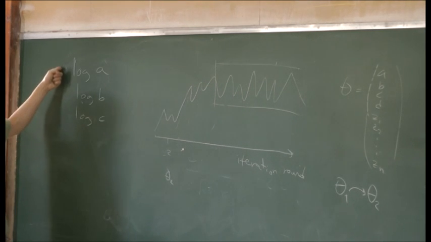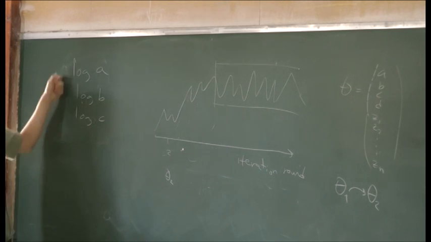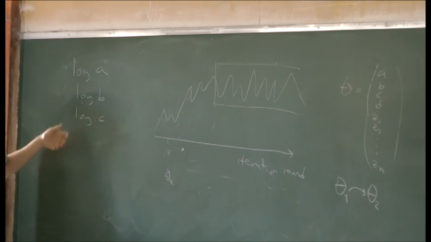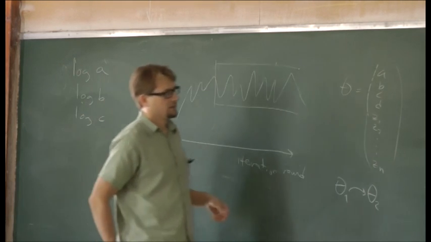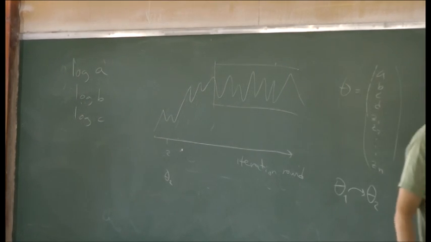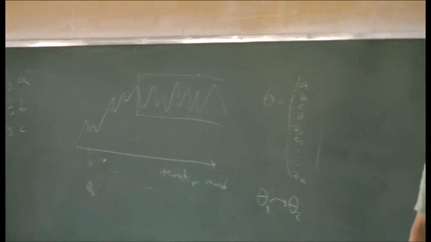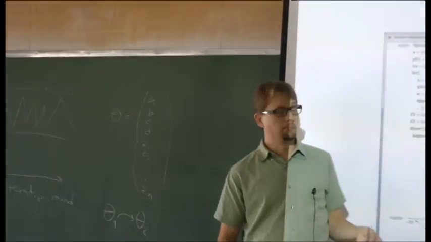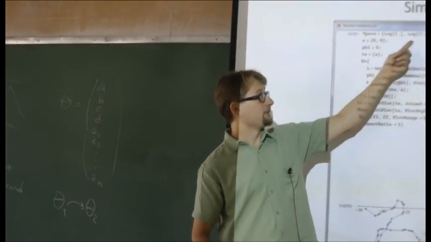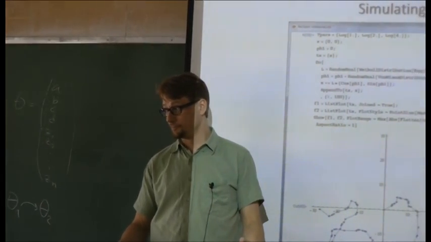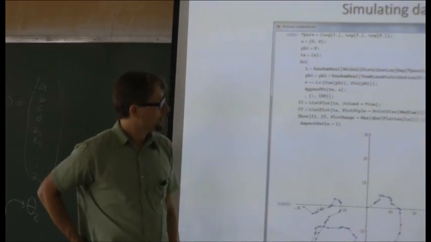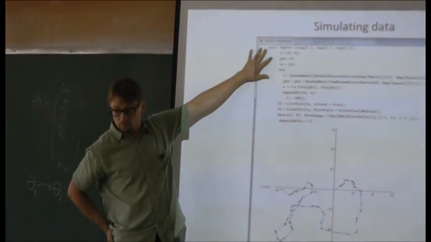So if I log transform the original parameters, then any values between minus infinity and infinity are possible. Okay? So in this case, I just decided that my parameters A, B, C are 1, 2, and 4, but I log transformed them to get those parameters that I actually work with in the model.